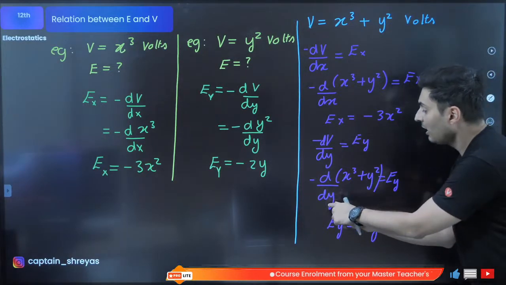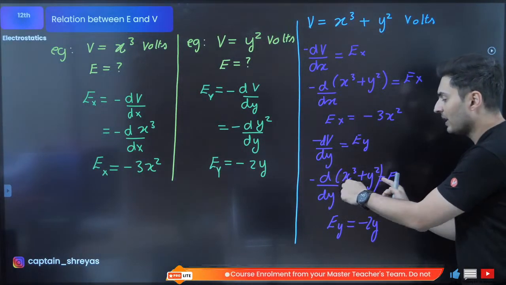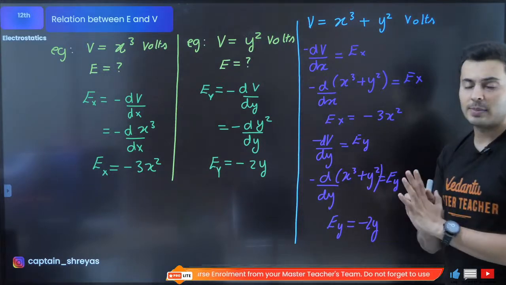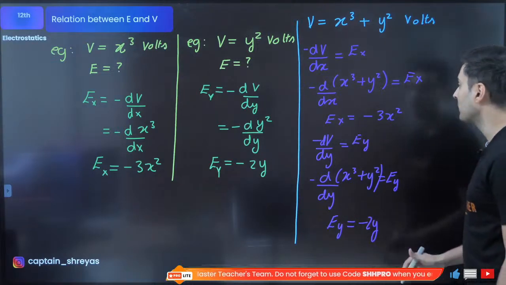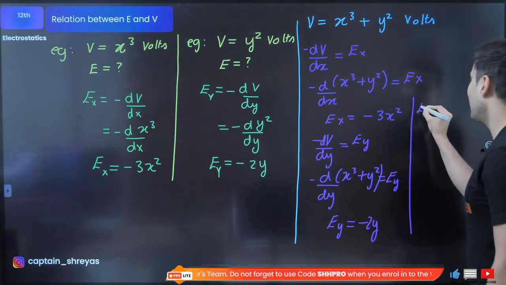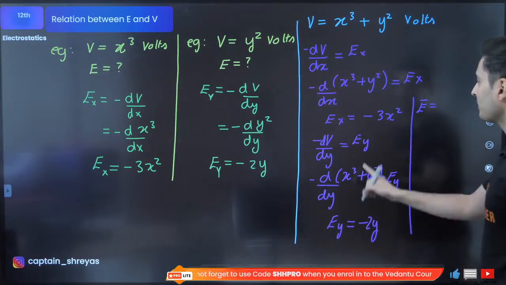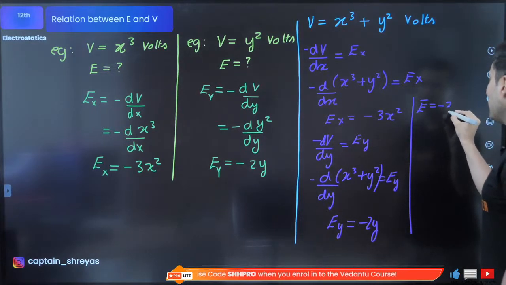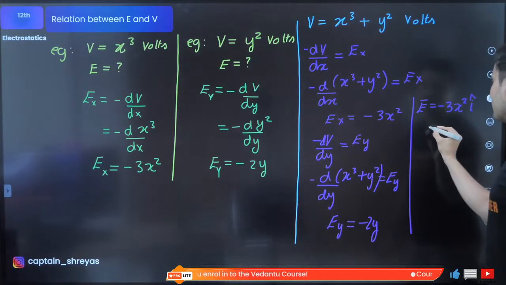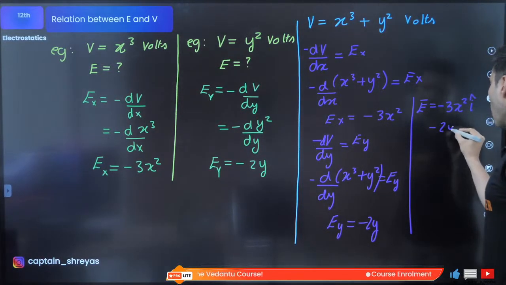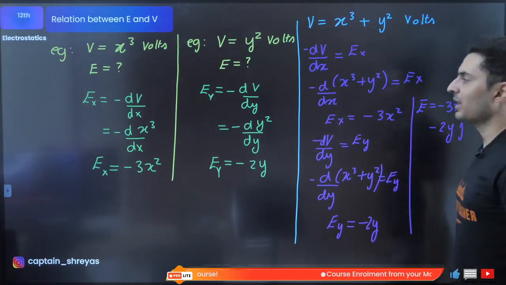When you are differentiating with y, whenever there are two or more variables, ignore the other variables, treat them like constants, only differentiate with whatever is there below. So the electric field in total is, the x component is minus 3x square i cap, and the y component is minus 2y j cap. This is what I get.